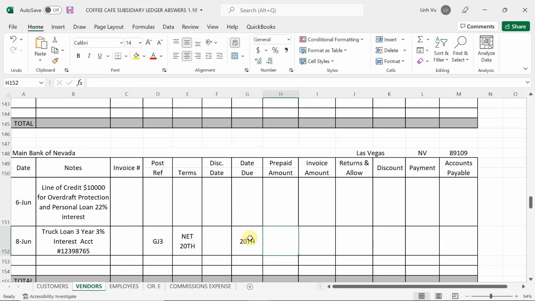Prepayment, we did not have a prepayment on this. Yes, you had a down payment, but that was for the truck, not for the loan itself.